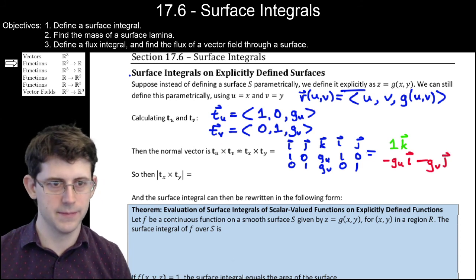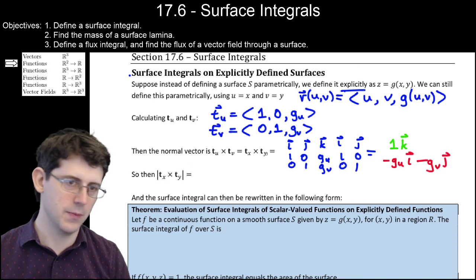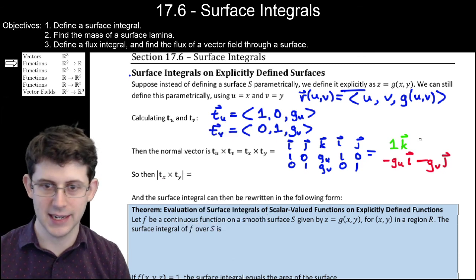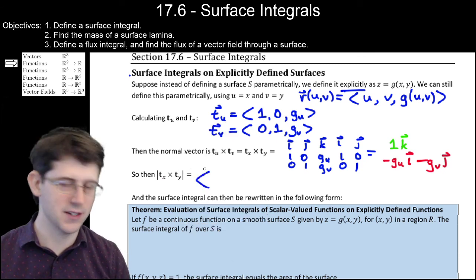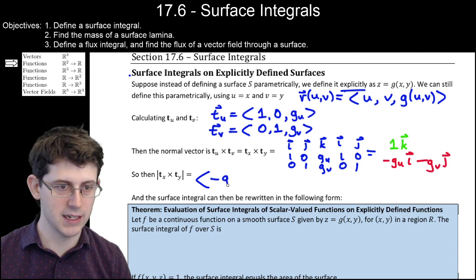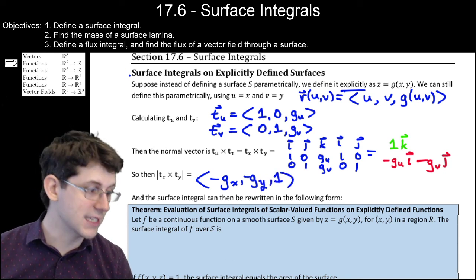We're switching back and forth between u and v a lot, but just to recall, u was x and v was y. So when I write down this cross product, I'll write it in terms of x and y so we don't have all these unnecessary u's and v's. It's going to be minus gx, minus gy, 1. So that's our Jacobian.